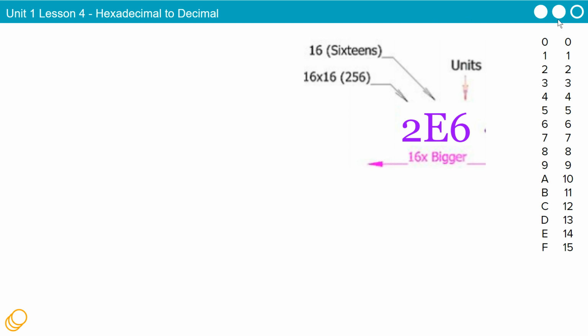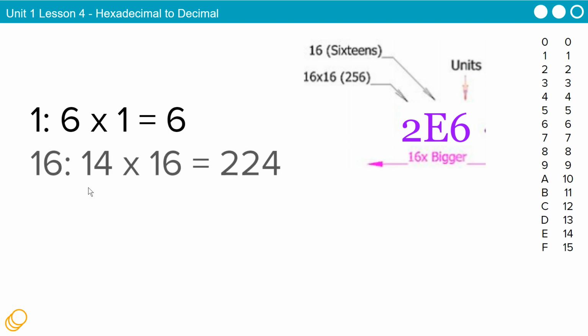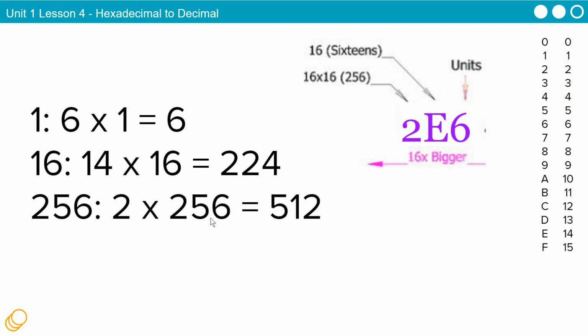So what's in my ones place? 6. So I'm going to take 6 times 1. What's in my 16s place? 14, E or 14. So I'm going to take 14 times 16. What's in my 256 place? 2. So I'm going to take 2 times 256. I multiply each of those by the value of the digit, and then I add them together.